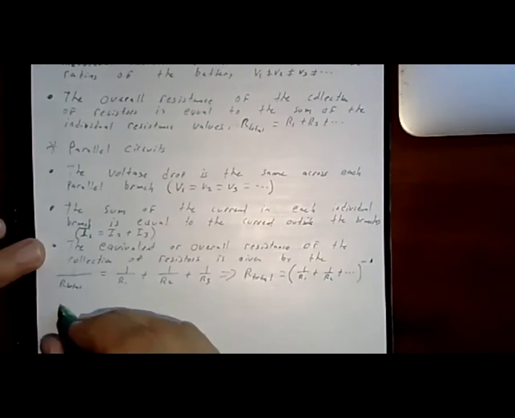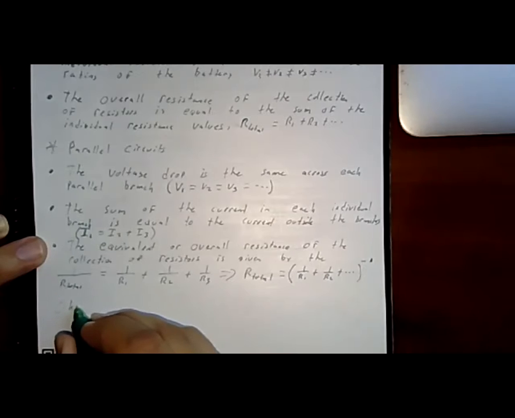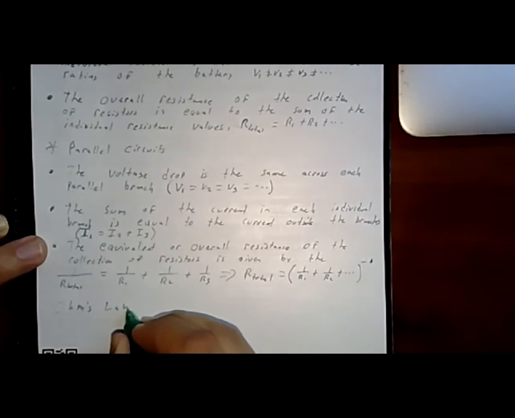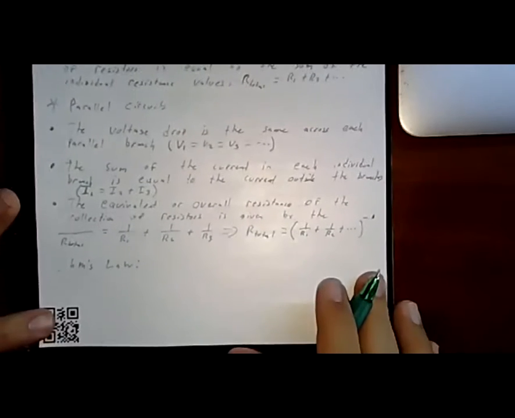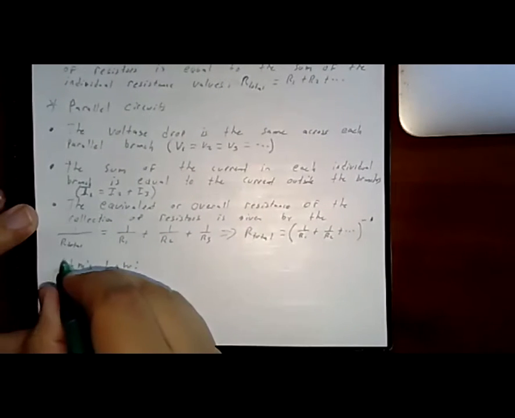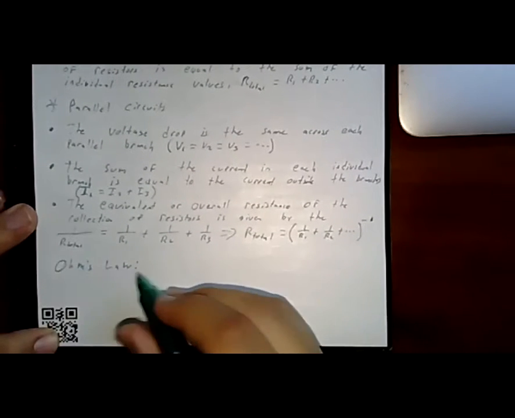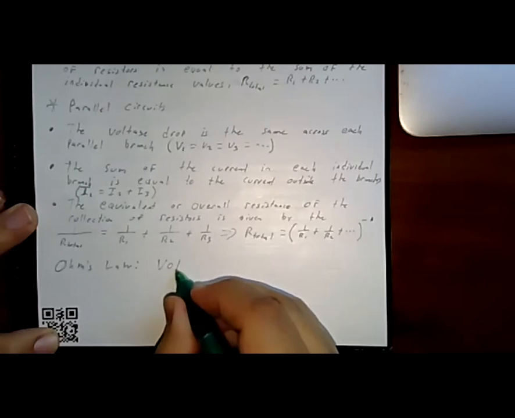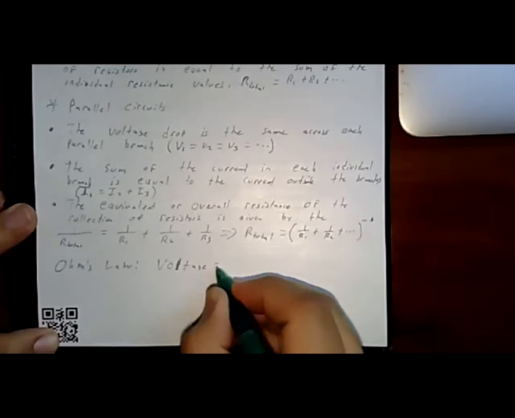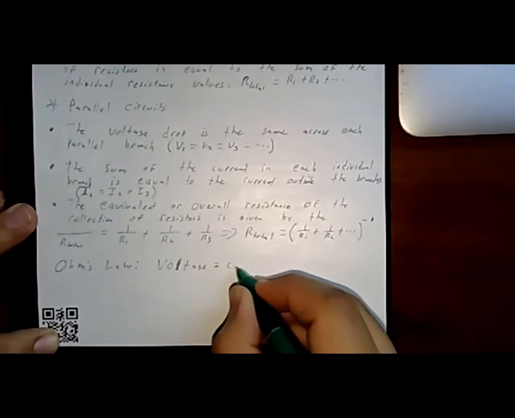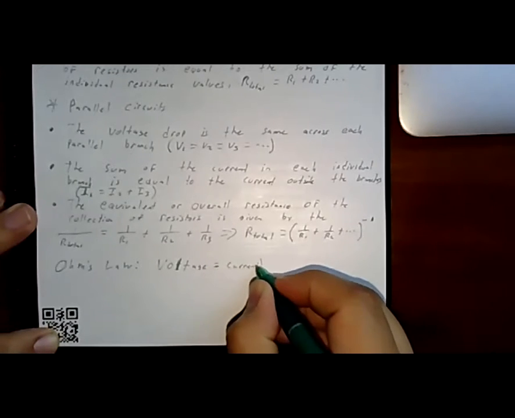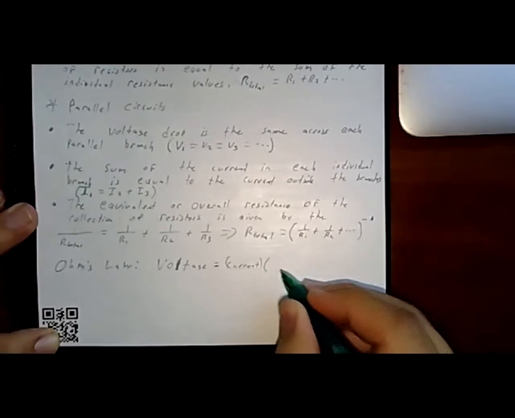Okay. Should be everything. Okay, and we're going to be using Ohm's law, of course, the entire time. So let me go ahead and give that to you now. Ohm's law: the voltage is equal to current times resistance.